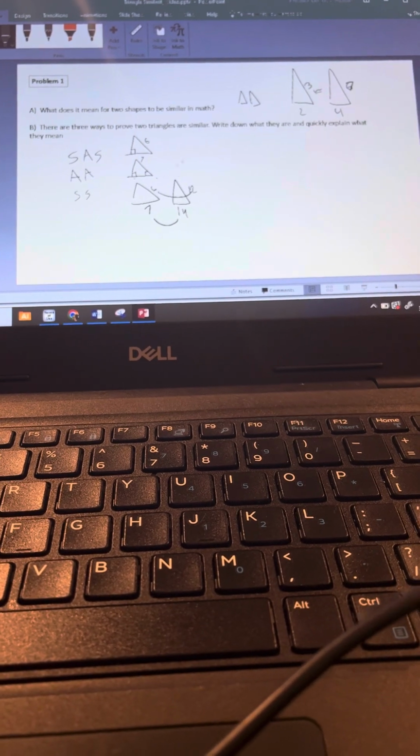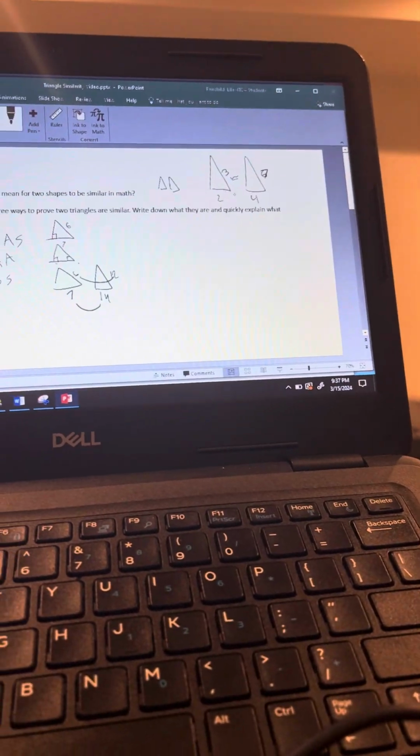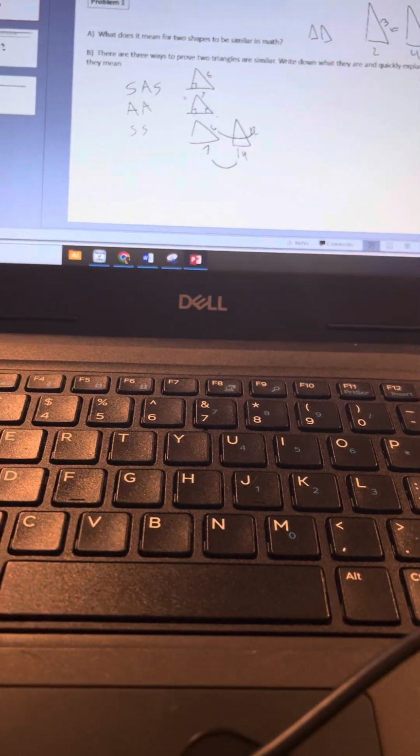But same thing with the concept of this. That shows if they're similar.